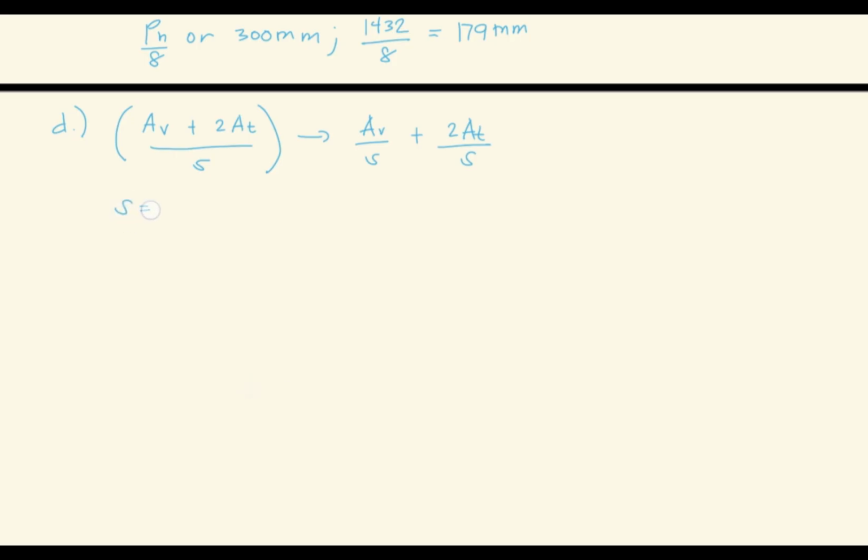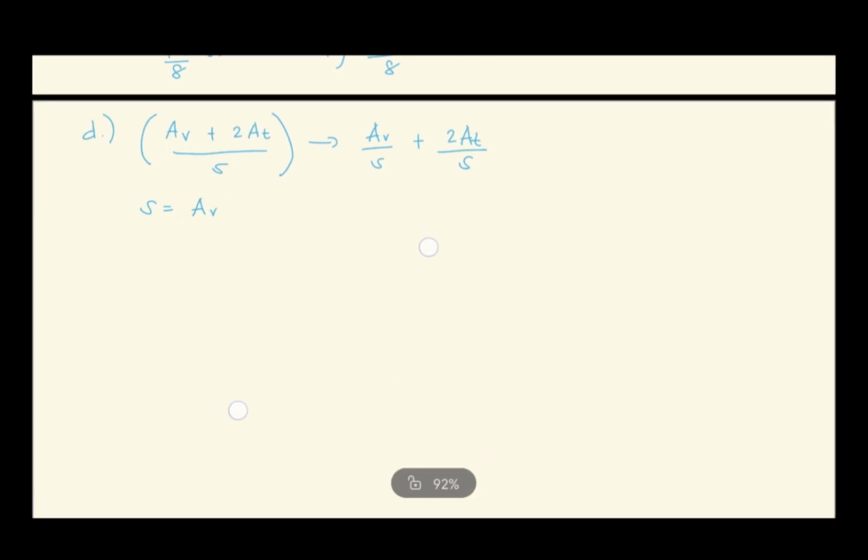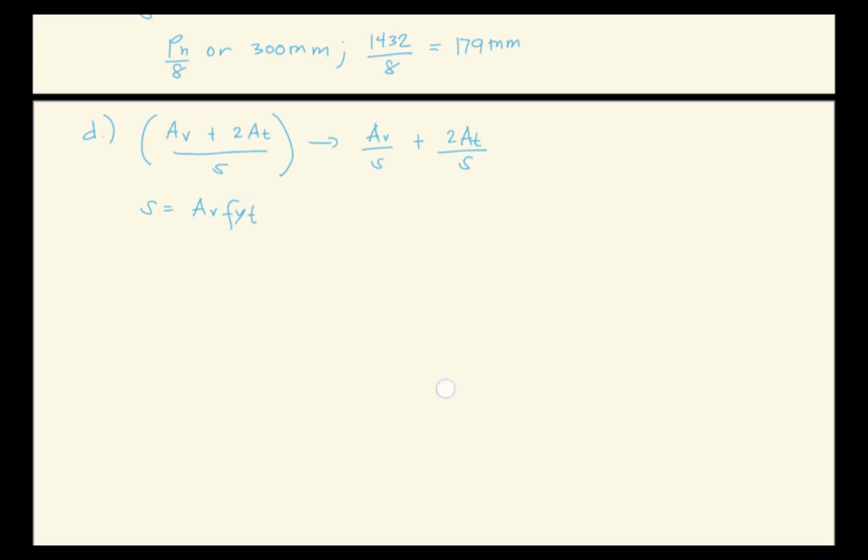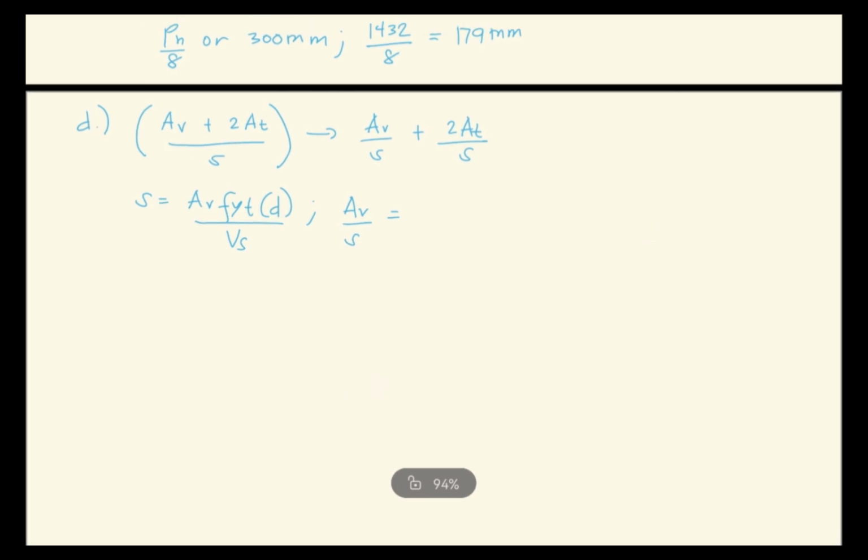Vs equals Av fyt multiplied by d divided by s, from which we have Av divided by s equal to Vs divided by fyt multiplied by d. Hence, we need to determine the value of Vs.